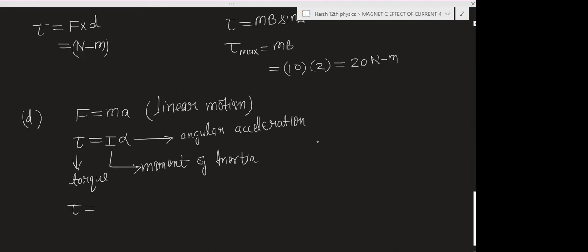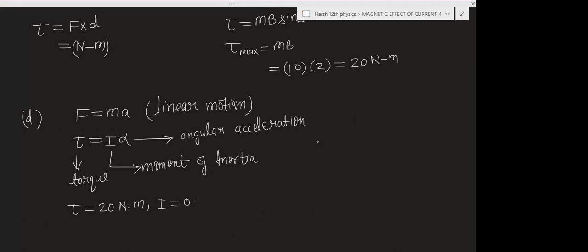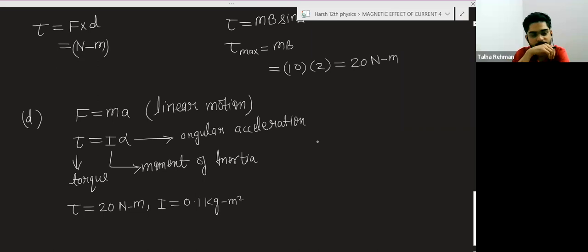Torque will be 20 Newton meters, and I is given as 0.1 kg meter square. The coil is rotated through an angle of 90 degrees.